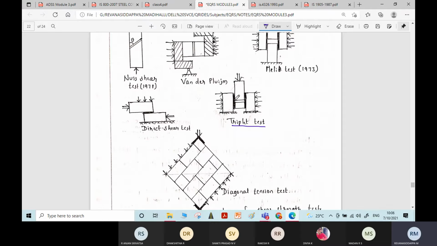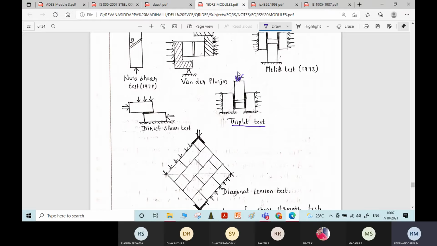What we will do is construct a stack of 3 bricks, with a specified strength of mortar joint between the bricks, and at the top some projection will be given. In the compression testing machine, the compressive load is applied on the top till the shear failure takes place.